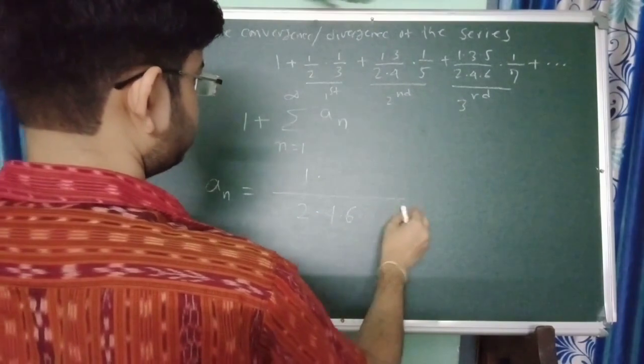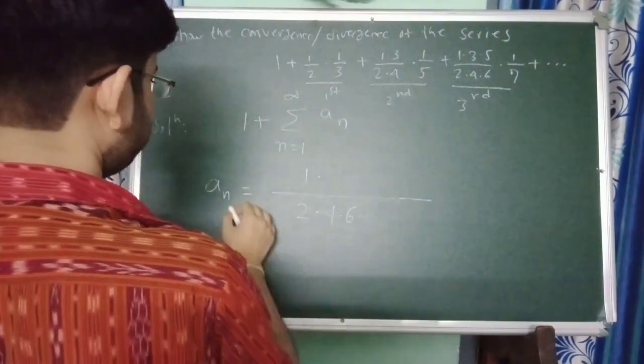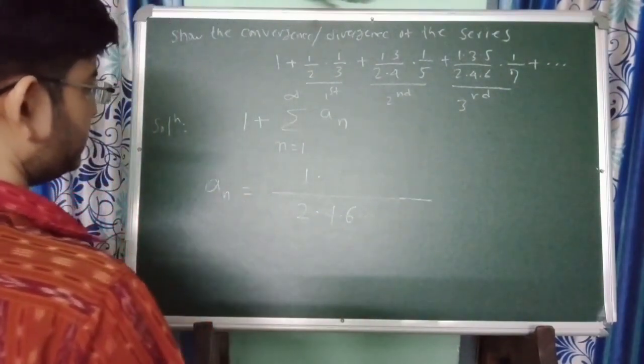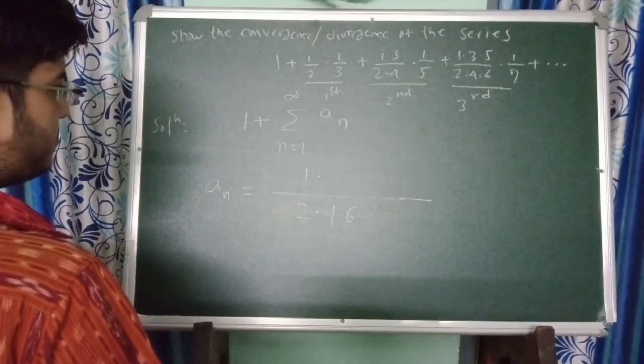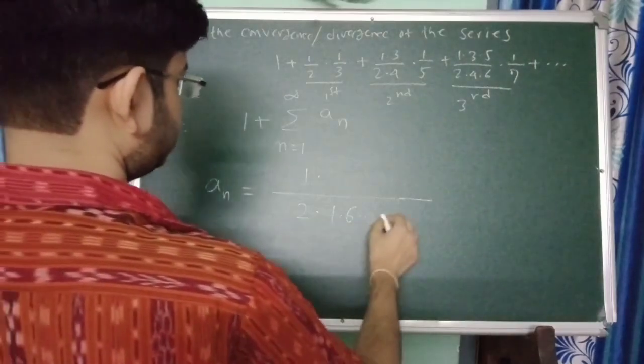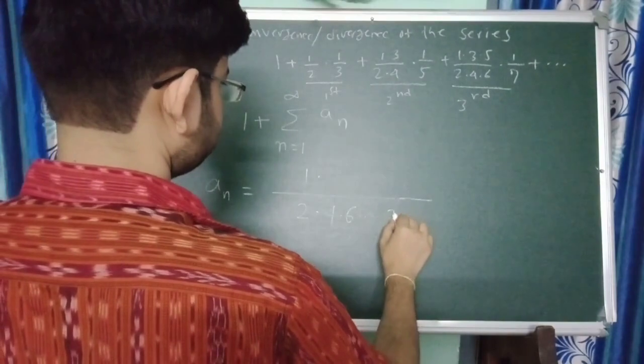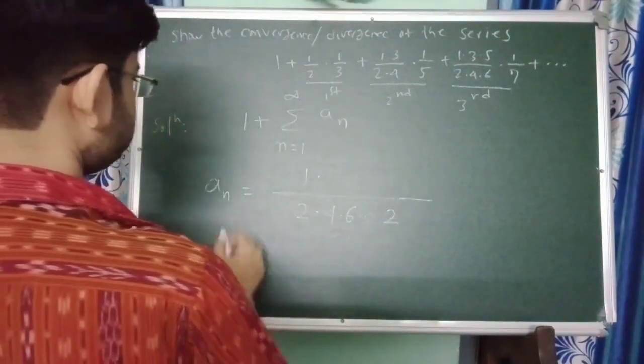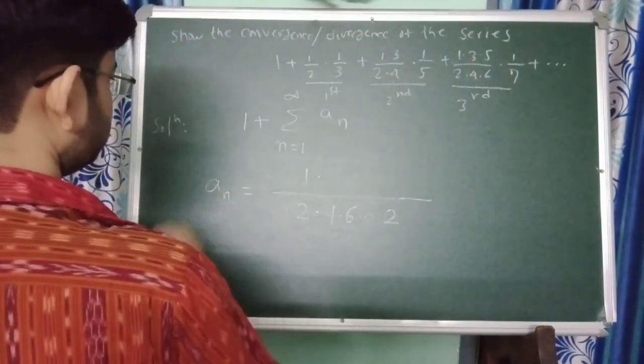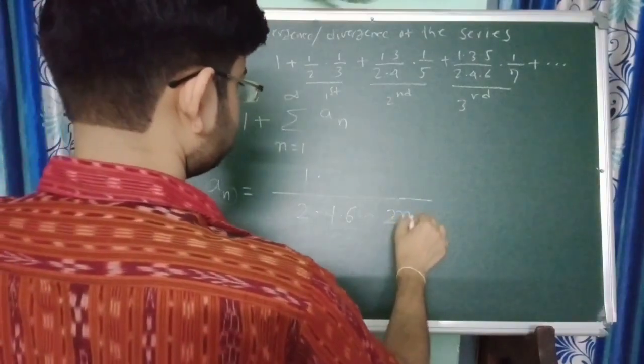Similarly, in this fashion we can write the general n term, which ends at 2 into the number of the term, that is n.